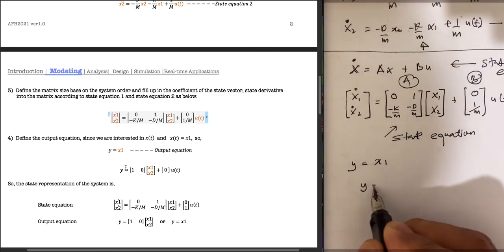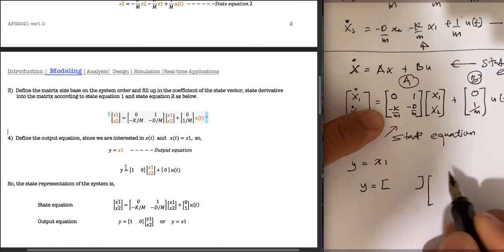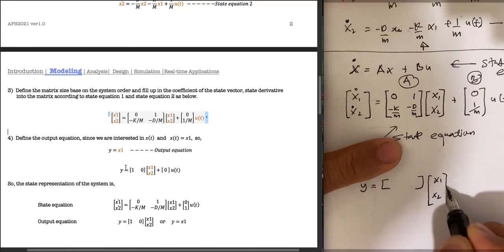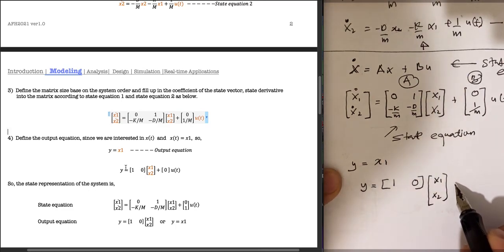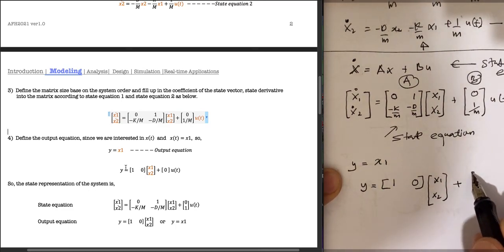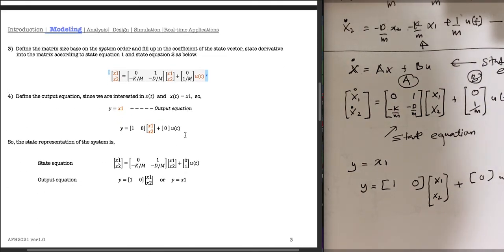So y equal to 1, 0 times x1, x2, plus 0 times u(t), because there is no feedforward matrix for this model, so we write 0. In fact, y equal to x1, we can write in this form.